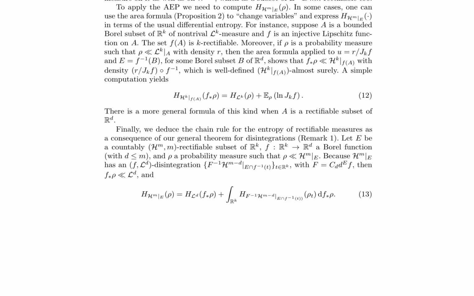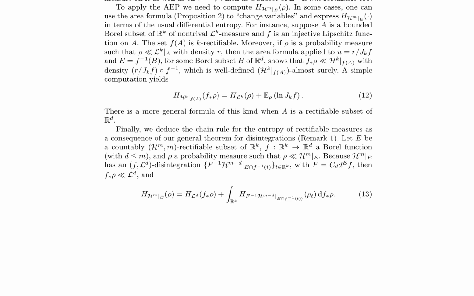Furthermore, if ρ is a probability measure such that ρ is much less than L^k restricted to A with density R, then the area formula shows that F_*ρ is much less than H^k restricted to F(A) with density R ∘ F^{-1} over J_kF ∘ F^{-1}, which is well defined H^k restricted to F(A) almost surely. A simple computation yields H^k_{F(A)}(F_*ρ) equals h^k(ρ) plus E_ρ[log J_kF].